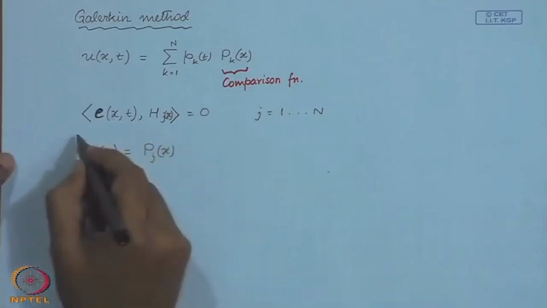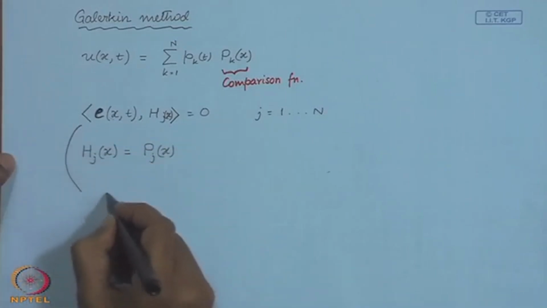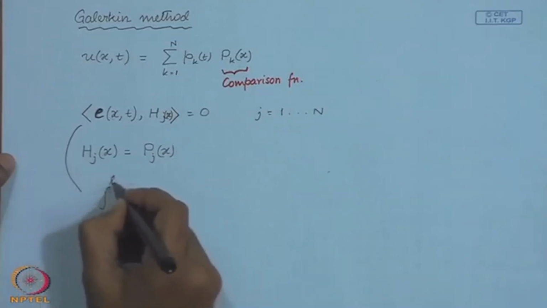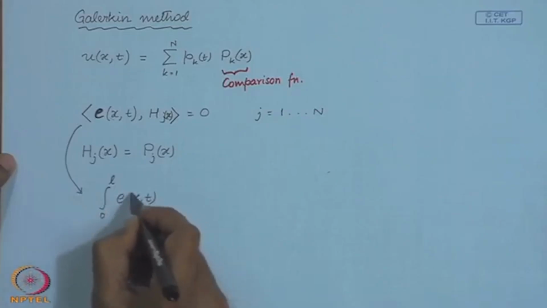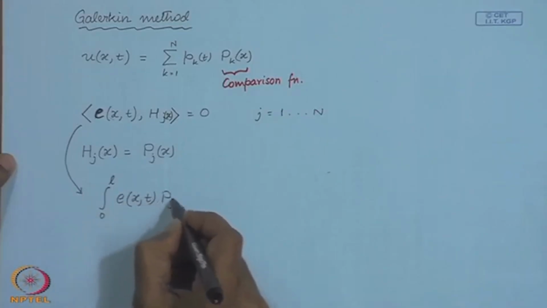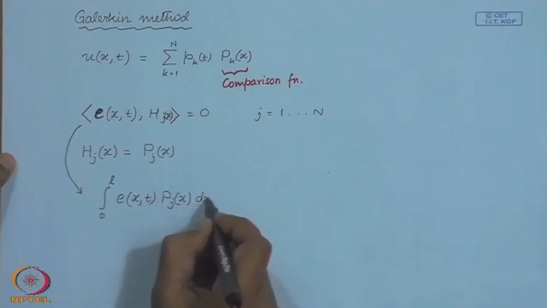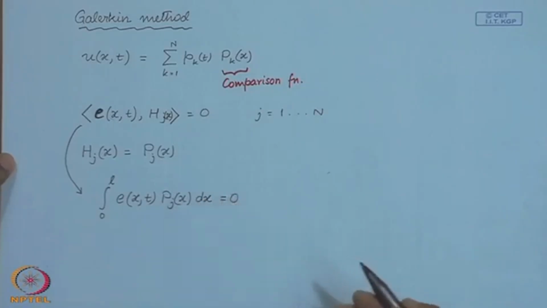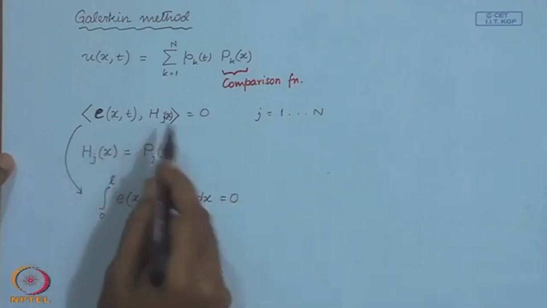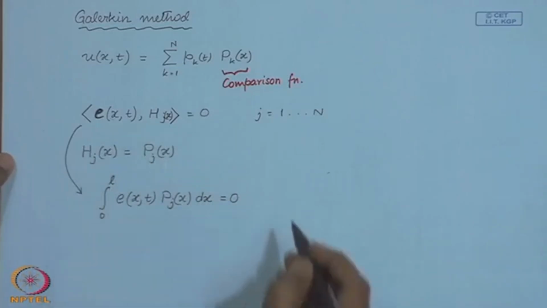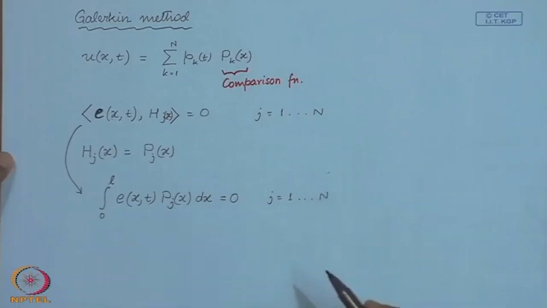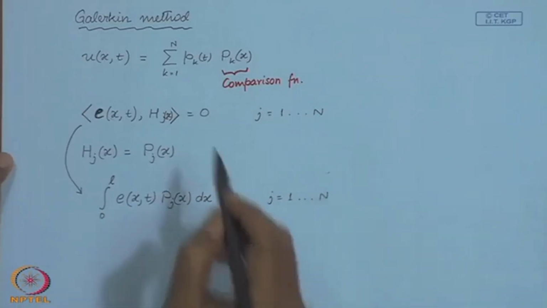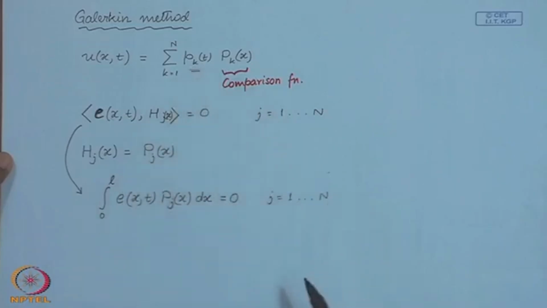So, this projection gives us these n equations from which we are going to solve for these n temporal functions p of t.